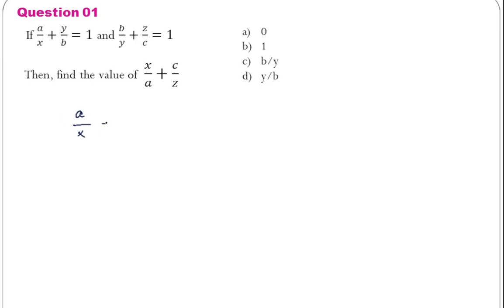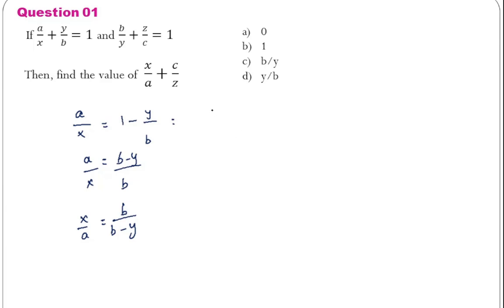We get a by x is equal to 1 minus y by b, and the right side can be written as b minus y divided by b. Then we get x by a by reciprocating this value. We get b by b minus y.